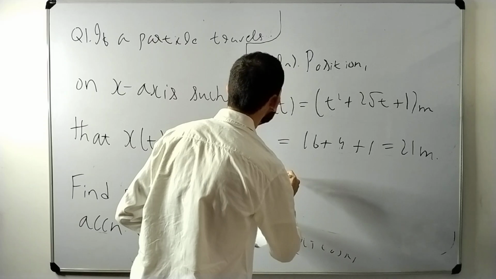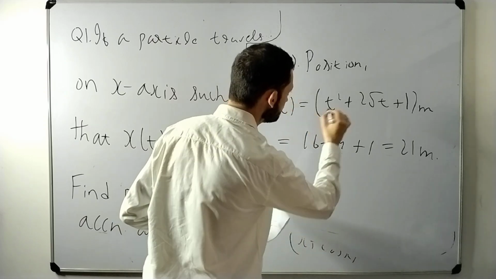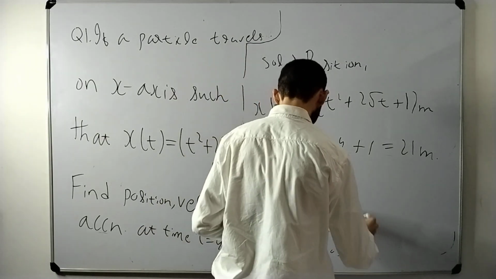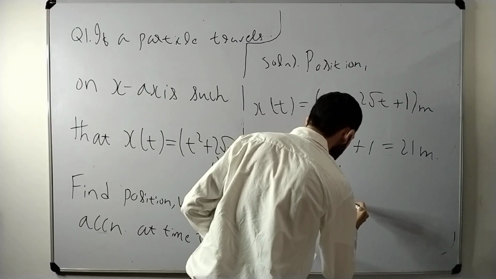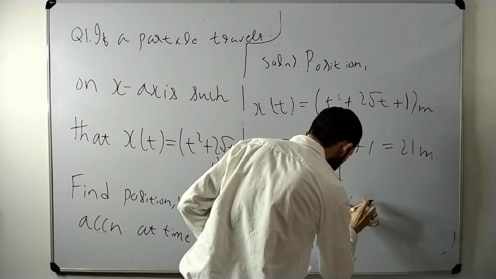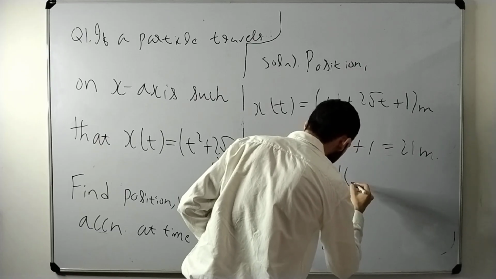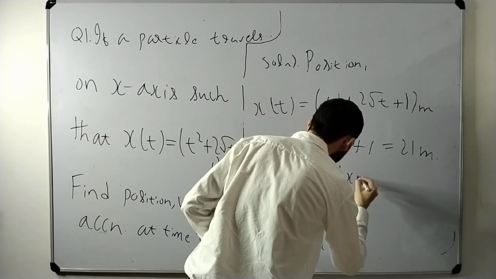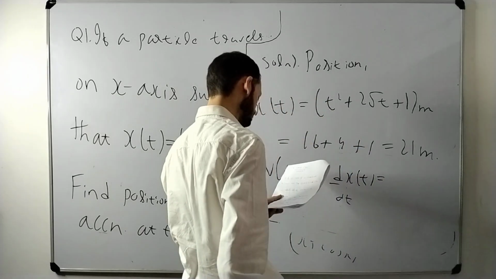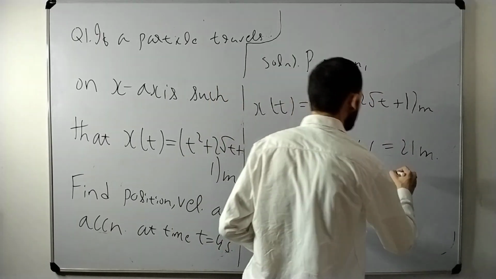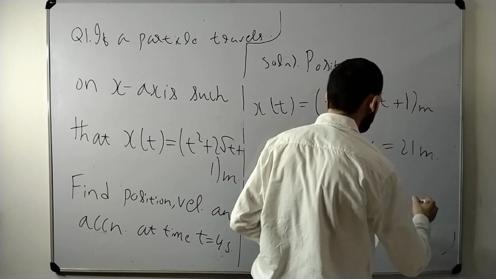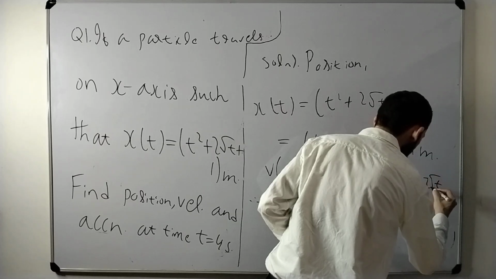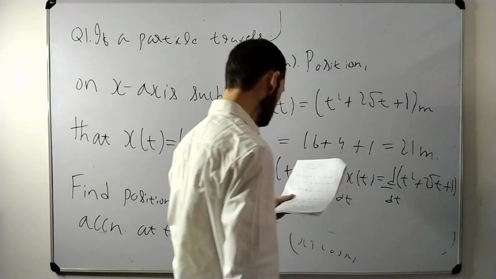So, velocity v(t) happens to be dx/dt, and this is what, students? Differentiation of it gives us 2t plus 1 by 2 under root t, right, students?